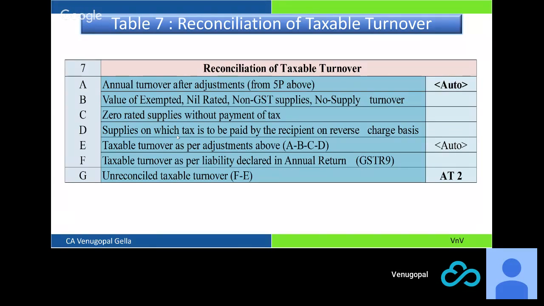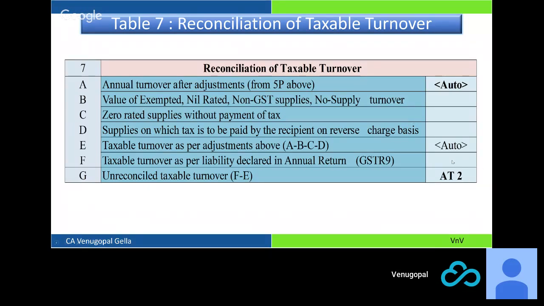Now, if a client SSE has claimed an exemption of say 1 crore, and the auditor doesn't feel that those exemptions are right, the value that would be reported in 7B would be 0. Similarly, exports without payment of tax, zero rated supplies, all those where there is no tax impact, all these items would be reduced from my gross turnover to derive my taxable turnover.